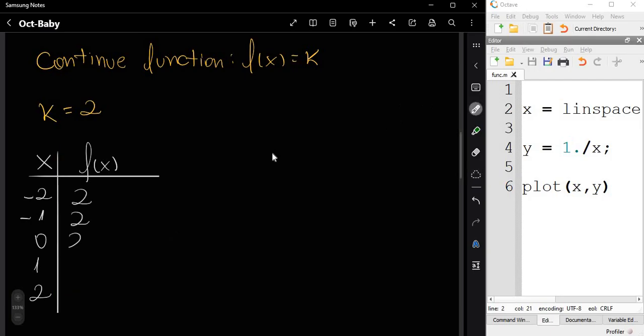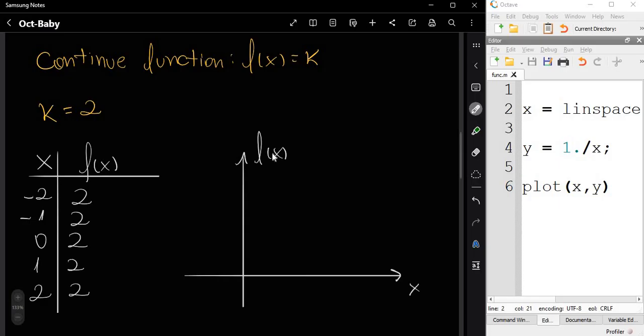So for any value of x, the function will be the same. And its graph is very simple. For -1, for -2, for 1, for 2, and it can go even to infinity.